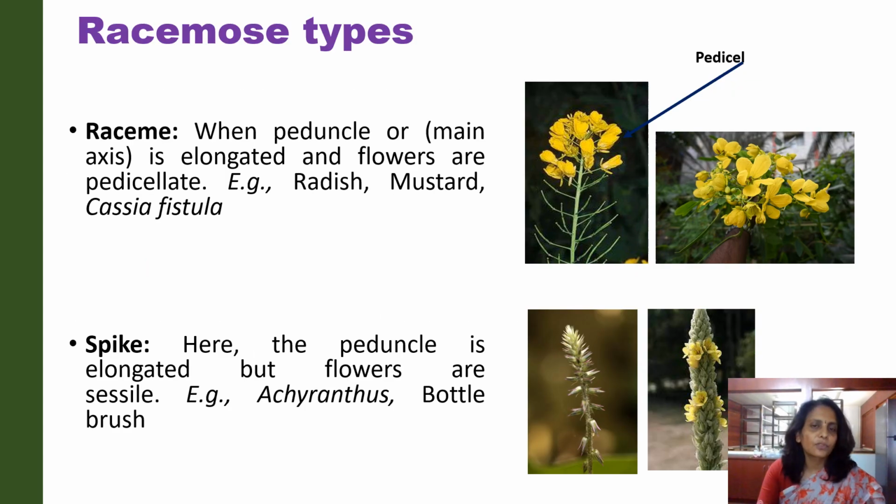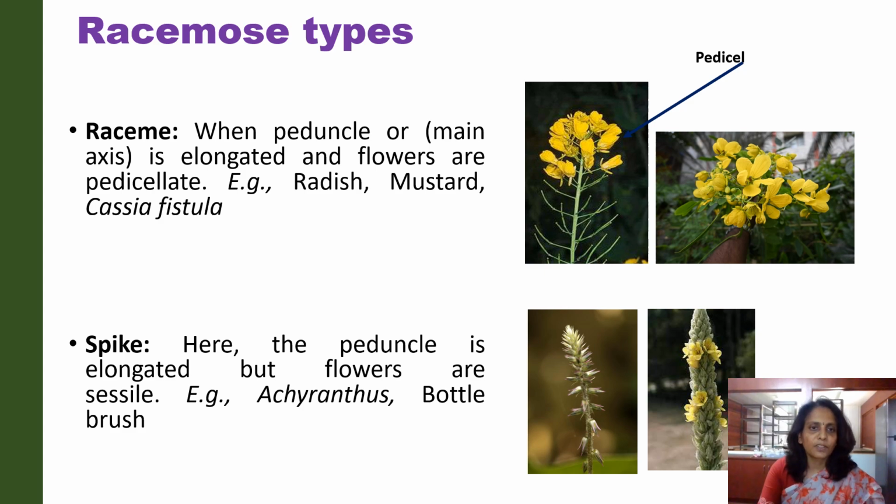There are different types of racemose inflorescences. The first one is a simple raceme, where the peduncle or the main axis is elongated and the flowers are arranged in an acropetal manner and all the flowers are pedicellate.